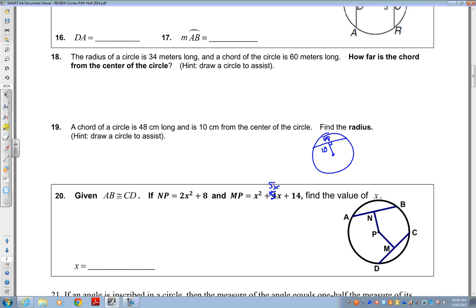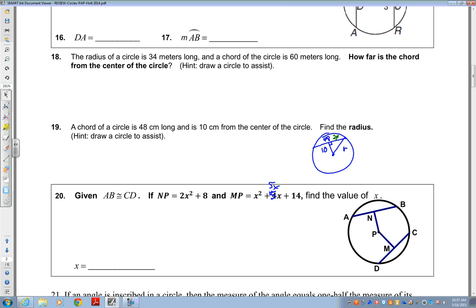And the distance from the center is always perpendicular. So you're trying to find the radius. What happens to the chord? Yeah, it gets bisected. So it's 24. Alright, so we got a right triangle. You should get 26 for the radius.